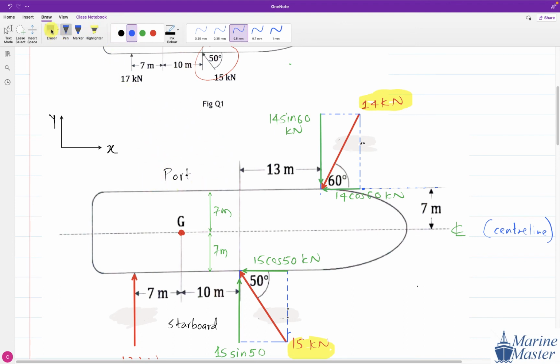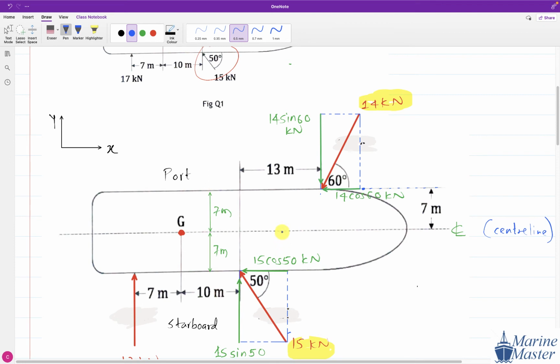See, this is the G point. And this is 14 sin 60. So what will be the effect of 14 sin 60 about G, sir? Clockwise, sir. First time you said anti-clockwise, now you are saying clockwise.